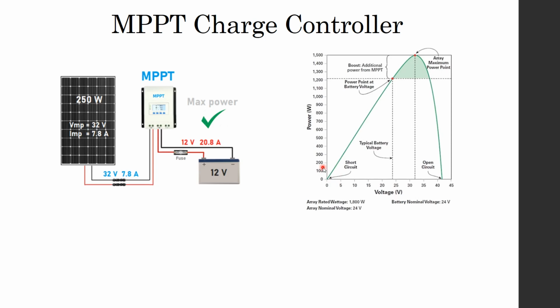But actually the PV array or the PV panel here produces a maximum power of 250 watt at 32 volt. I would like to get the 32 volt in order to produce the maximum power, okay?